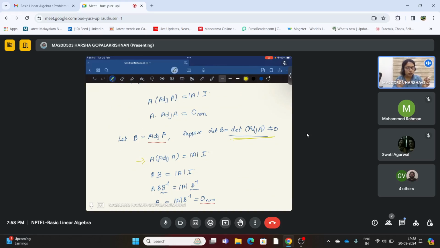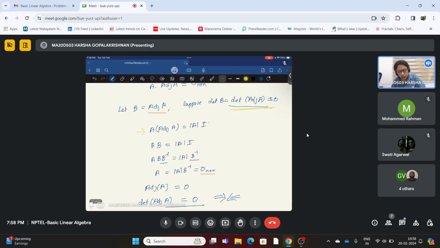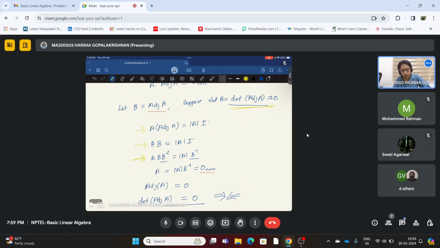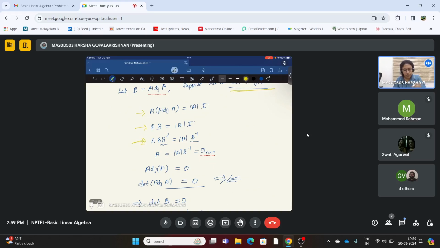Since it is non-zero, adjoint A is a matrix with a non-zero determinant, which means it is invertible. So, to this equation, we are multiplying with the inverse of the adjoint. For simplicity, we have taken B equal to adjoint of A. So we are multiplying with B inverse, that is adjoint of A inverse, in this step. From that, B into B inverse is identity. So we will get A equal to the 0 matrix.